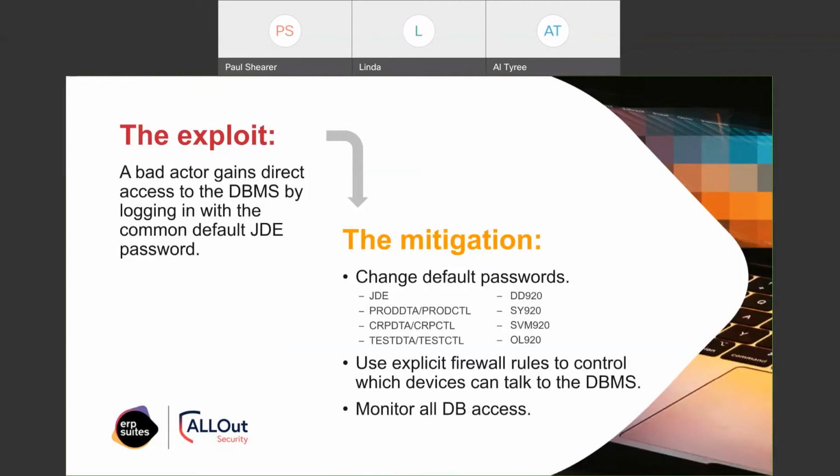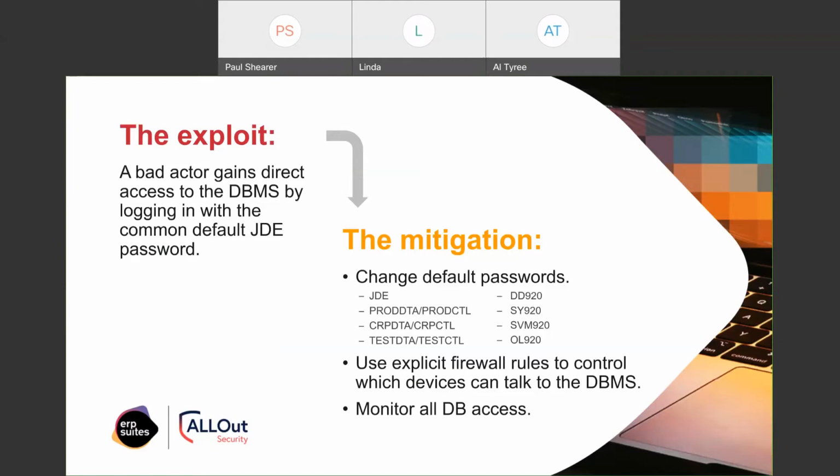Early on, in a lot of JD Edwards installs, the database password for the database owner if you're SQL Server, the schema if you're Oracle, the library if you're on an AS400, was exactly the same as the username. So prod DTA, prod DTA, prod CTL, prod CTL. What you need to do is make sure all of those default passwords are getting changed.